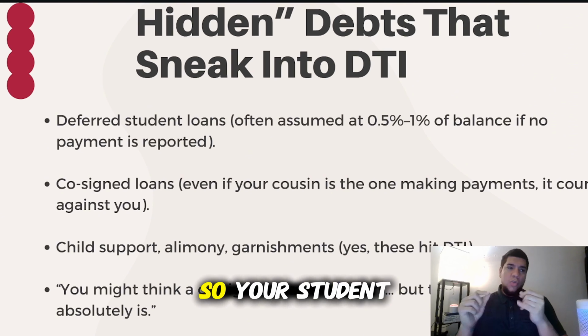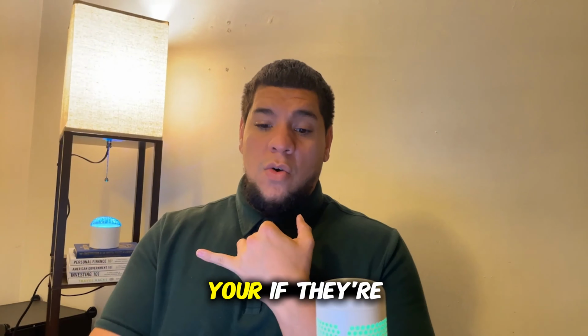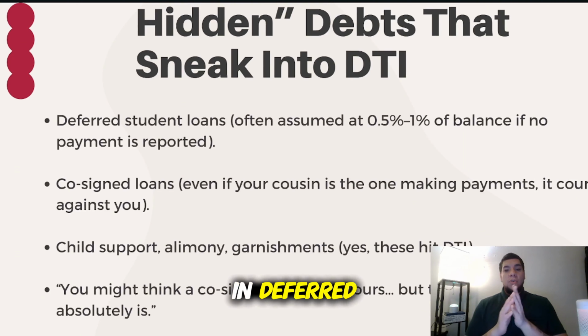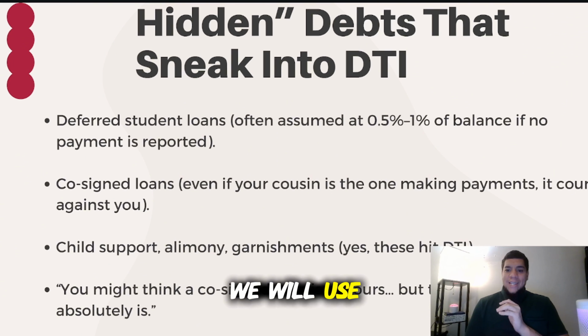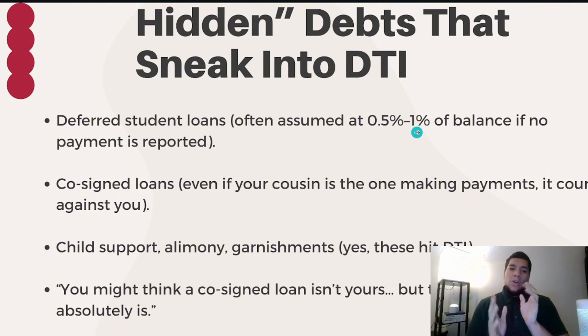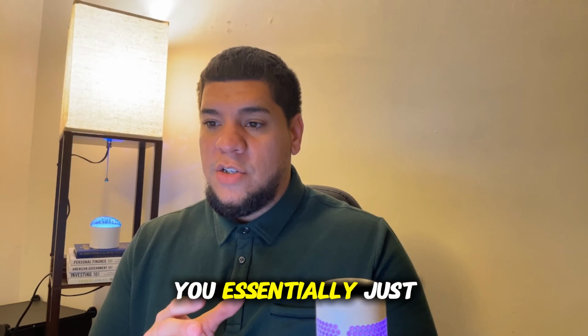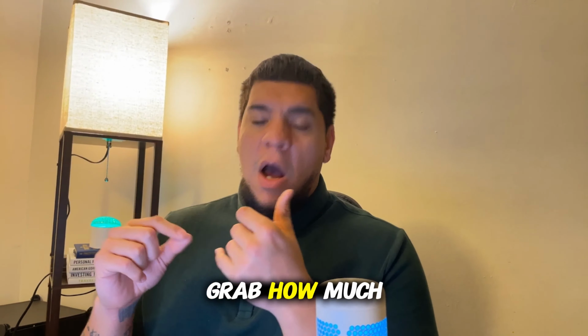Here are a couple. Your student loans: if they're in deferment, we will use 0.5 to 1%. If you don't know how to do this, you just take how much you owe as a balance.